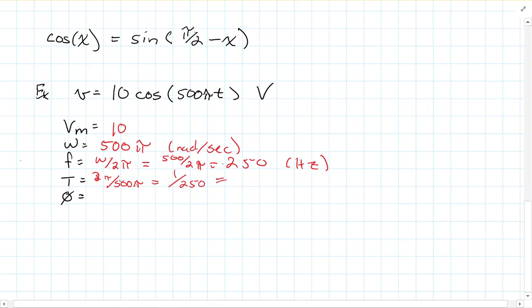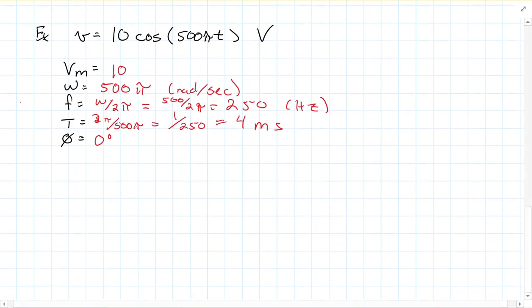I don't have this computed out here, so let me pull up my handy dandy calculator and do it real quickly. And we want to use engineering notation, so this would be 4 milliseconds. And then phi in this case is 0 degrees. We often write phi in degrees. You can also do it in radians, but it's 0 degrees because there is no angle there.